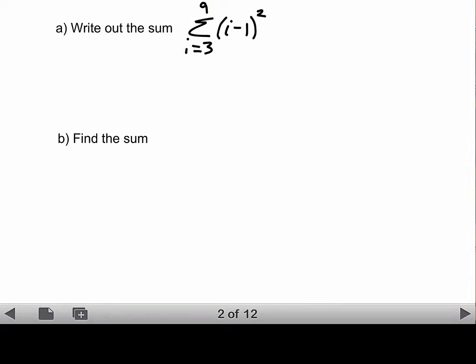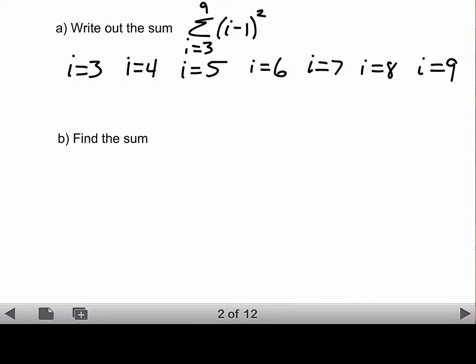That's how we say that out loud. i starts with 3, and then i is going to take on integer values all the way up to 9. So that becomes our input each time. For our first term, we've got 3 minus 1, the quantity squared. For the second term, we've got 4 minus 1, the quantity squared, and so on.